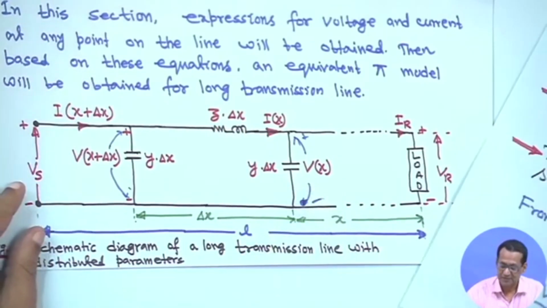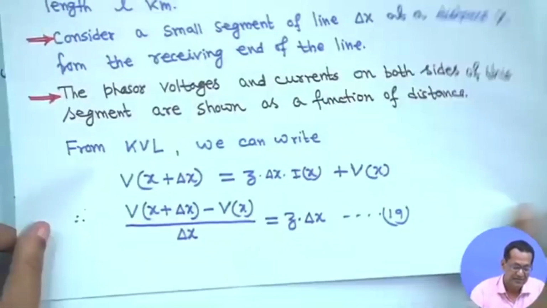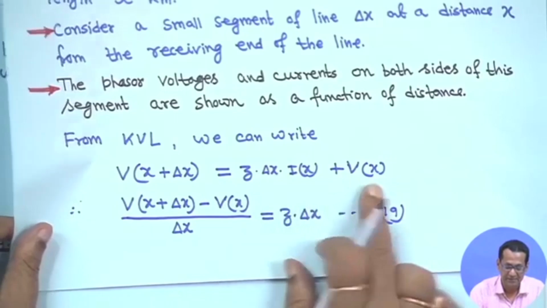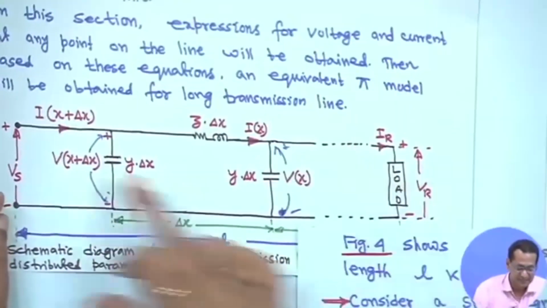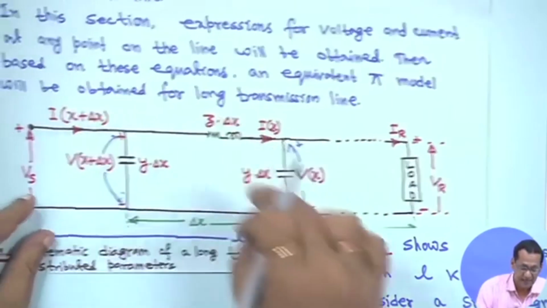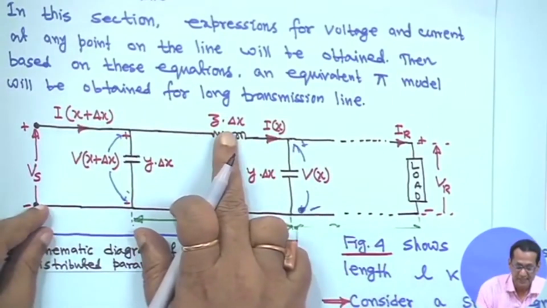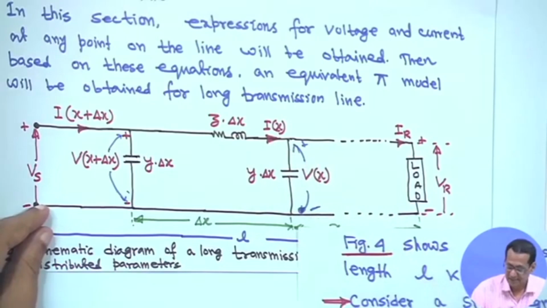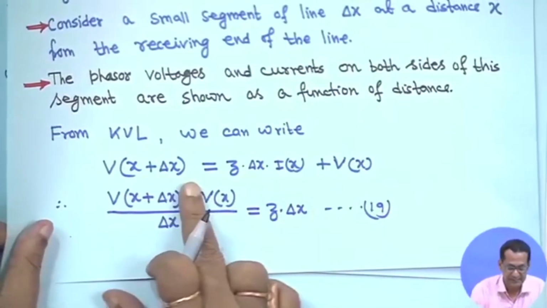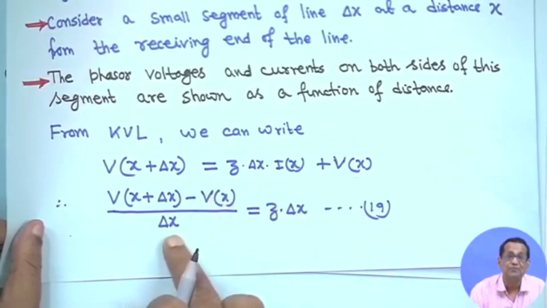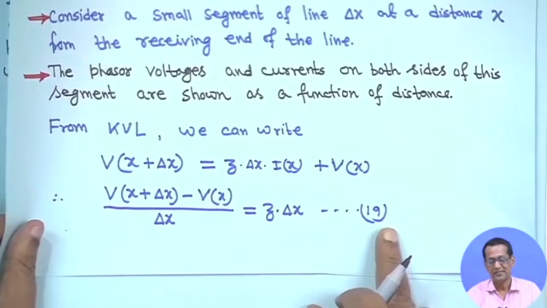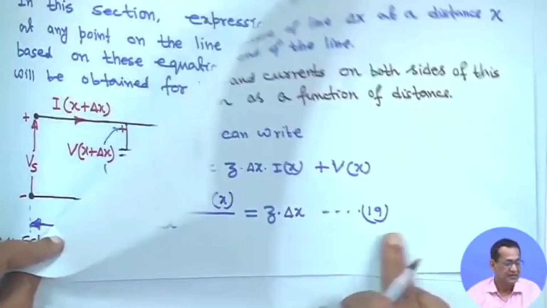That means the voltage across this is V x plus delta x equals small z into delta x into I x plus V x. So this equation can be written as V x plus delta x minus V x upon delta x equals small z into I x. This is equation 19.